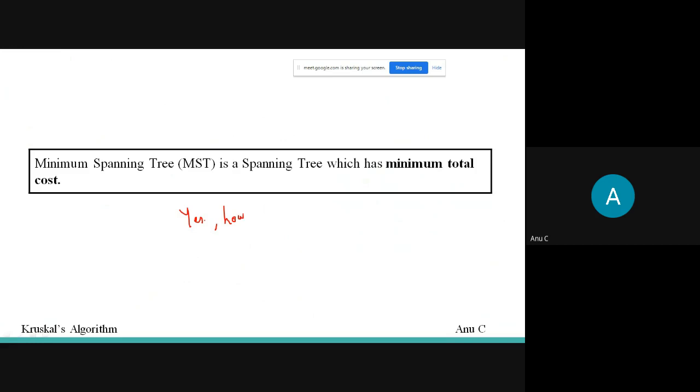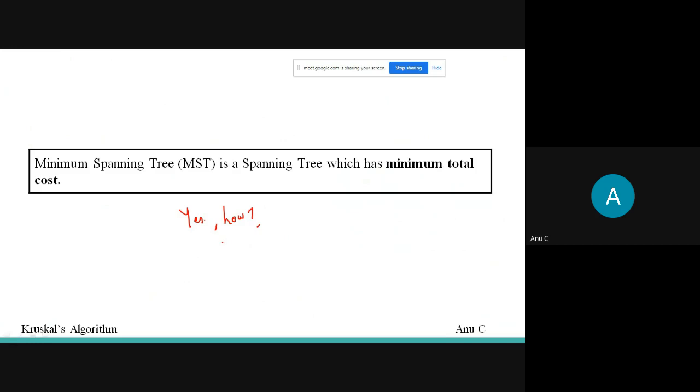Then how? First, try out all spanning trees from the graph. Then from that calculate the cost and pick up the one having minimum cost. This is one method. That is, first try out all possible spanning trees from the given graph, then calculate the cost and pick up the one that has minimum cost.